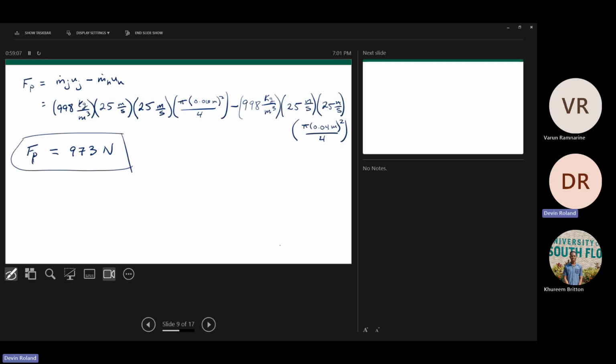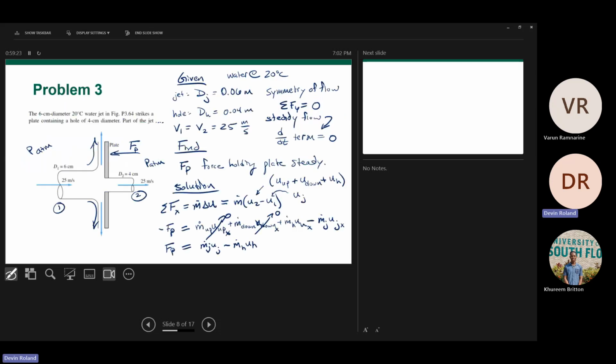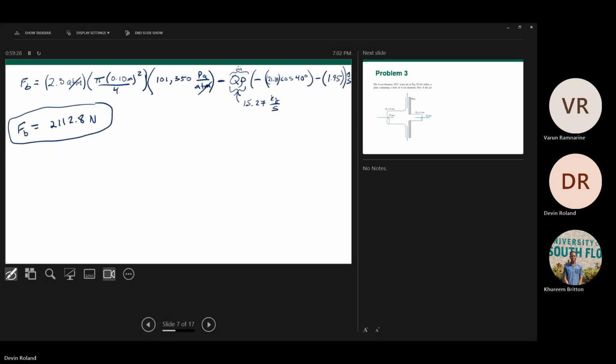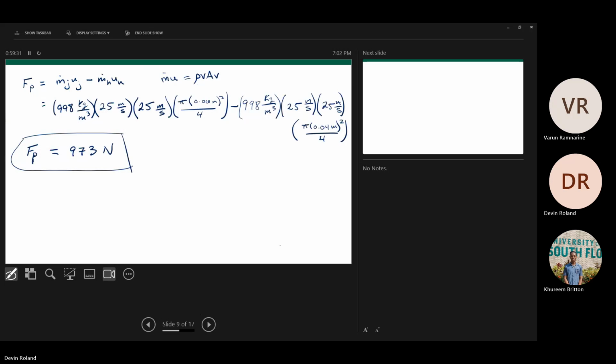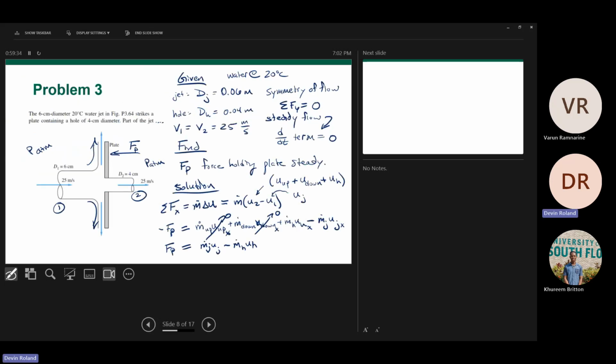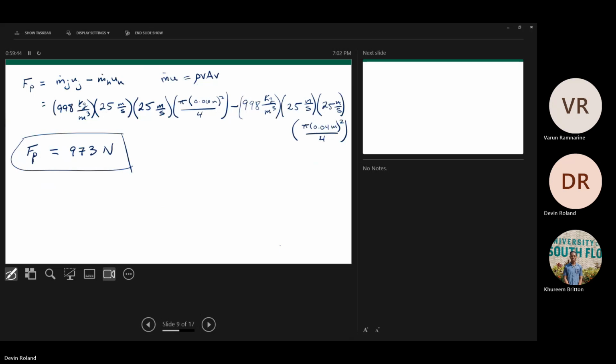The reason for the 2 velocities is because m dot u is rho v A times v. In this scenario, both of our velocities are going to the right, so they're both positive. So uj became a positive v1, and the other was a positive v2.